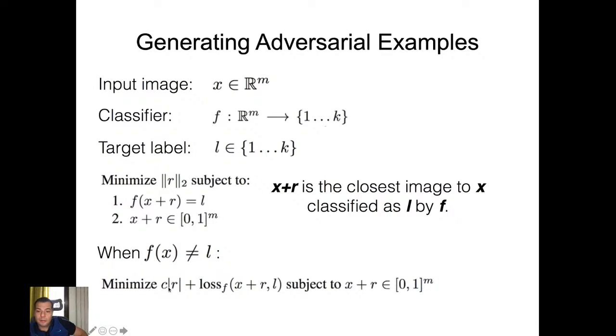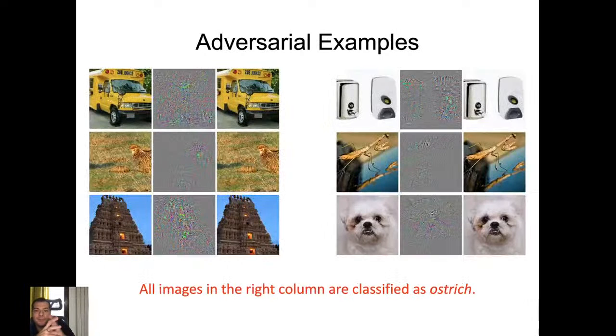Here you have the constant C that balances the importance of the difference from the original example and the loss with respect to the target label. So this is, at least, the first way that was proposed to obtain adversarial examples.